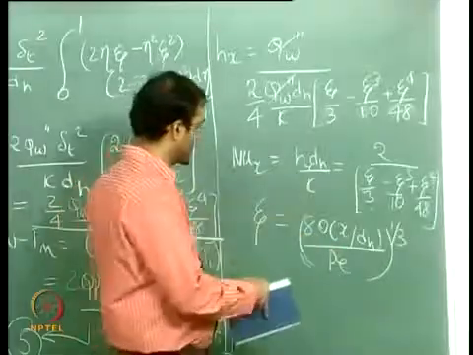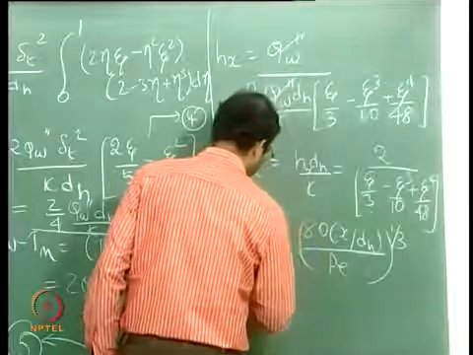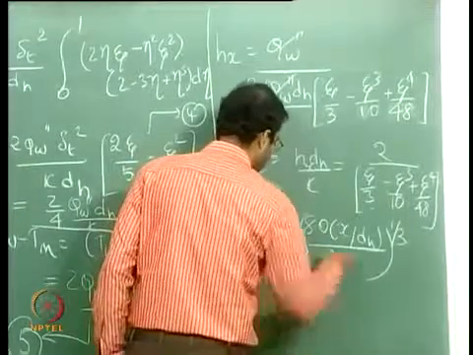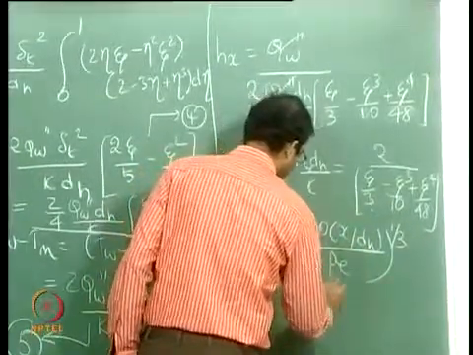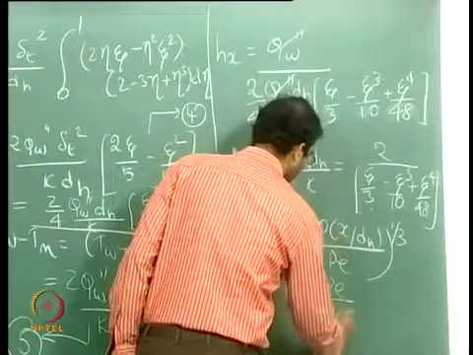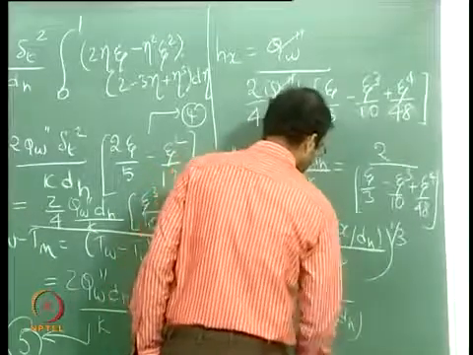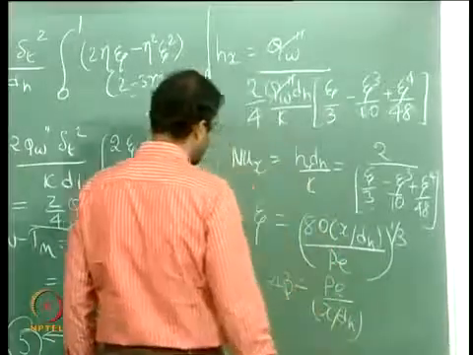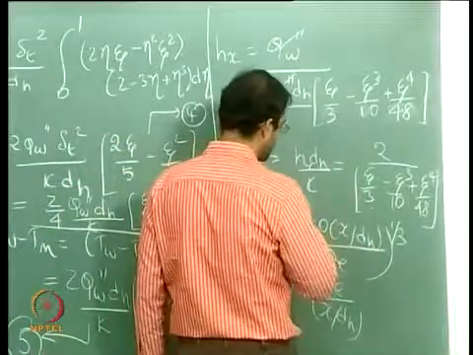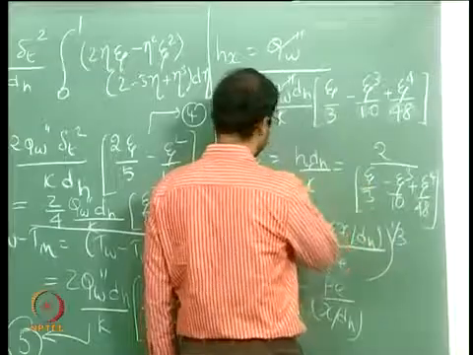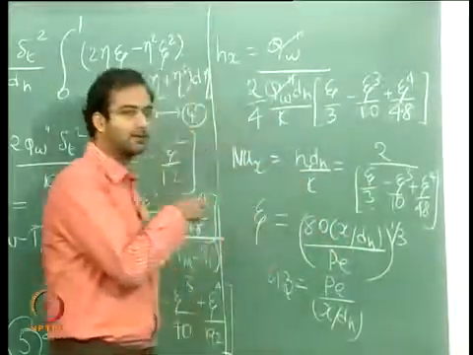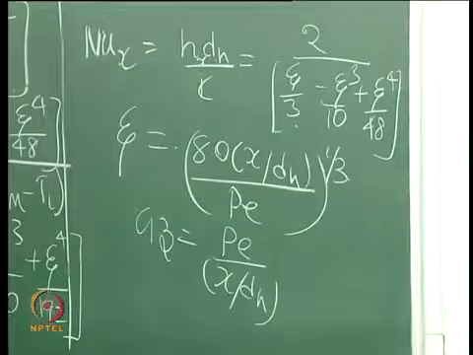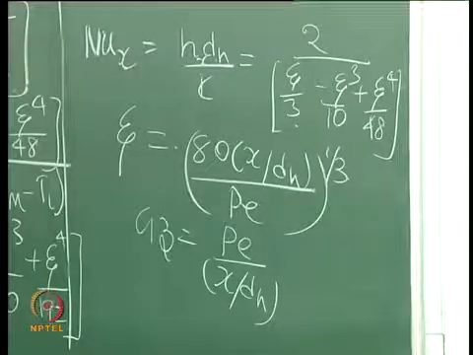You can also call this Graetz number. This is the inverse of Graetz number, so this is Peclet number by x by dh. So once you know your non-dimensional zeta, this gives you the variation of your local Nusselt number with respect to the non-dimensional axial location.